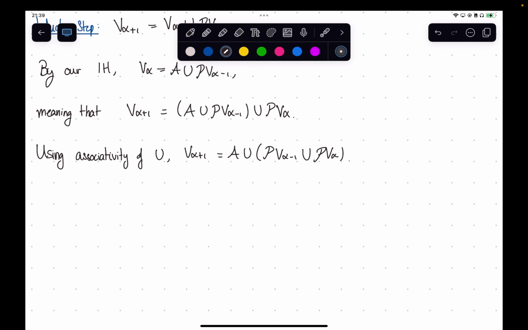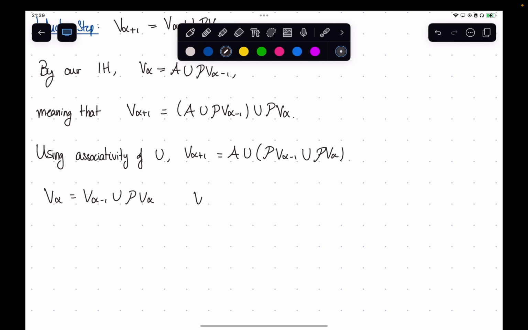Now, recall that V sub alpha is equal to V sub alpha minus 1 union power set of V sub alpha minus 1. So V sub alpha is composed of all the elements in V sub alpha minus 1 and the power set of V sub alpha minus 1.